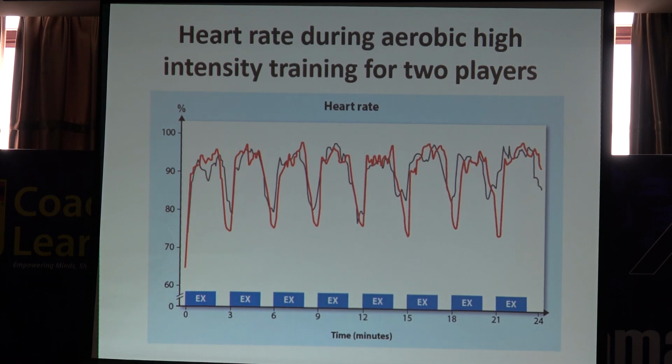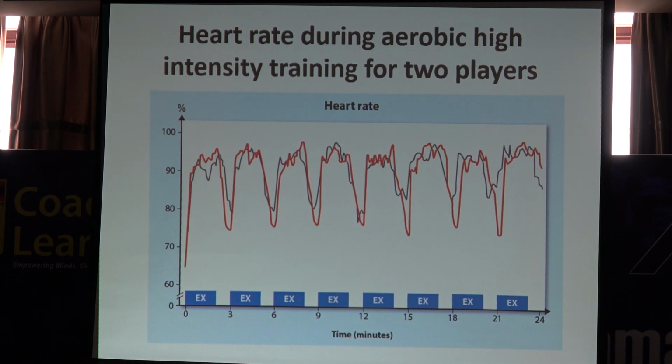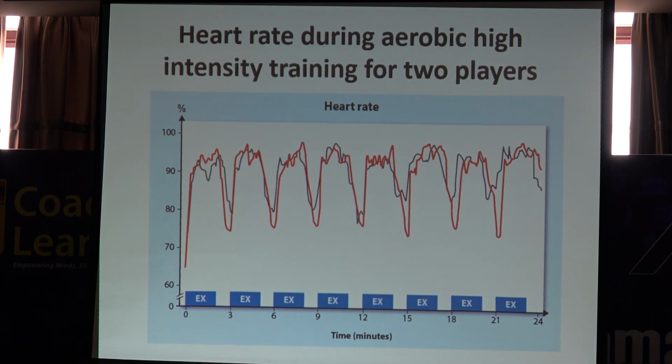So this is the type of heart rate response that we should demand. This is the type of heart rate response that is required if we have already well-trained or relatively well-trained players and we want to take the next step.